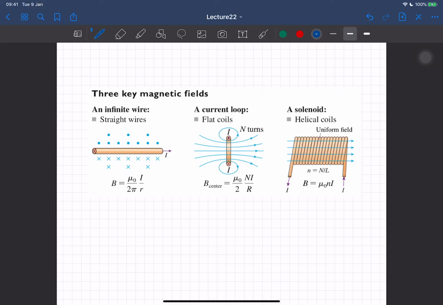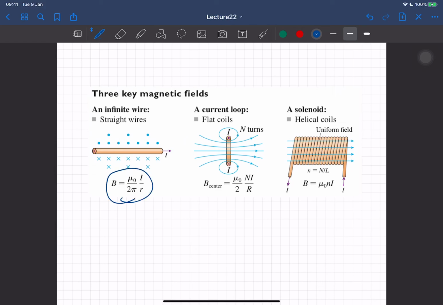So these are three configurations that you probably will see most often, and all of these in principle can be calculated using Ampere's law, but in some cases it's gonna be quite difficult. So that's why the expression for the magnetic field is given here. So let me just tell you a little bit what it means.